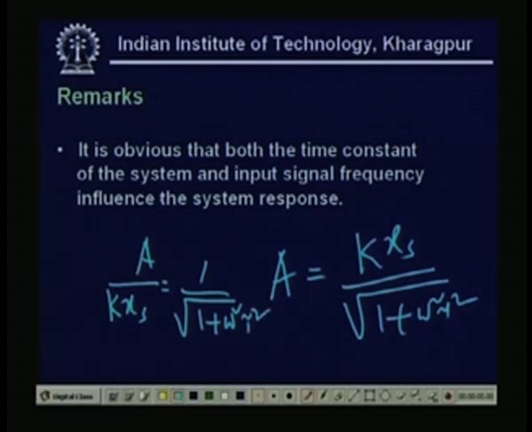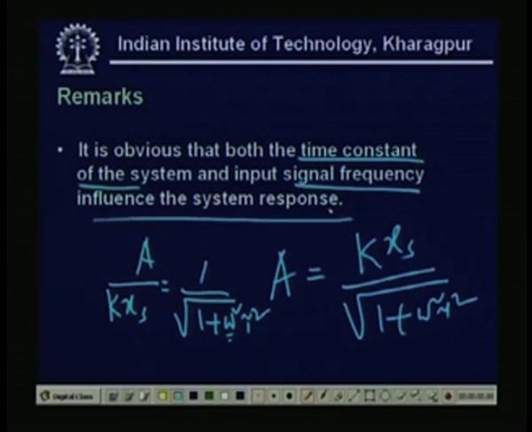So, as we say, both the time constant of the system and the input signal frequency, which is omega, influence the system response, because they control the value of the amplitude or the normalized output, as well as the phase shift, which depends on tan inverse omega tau.